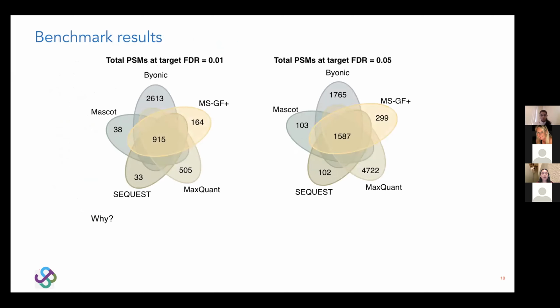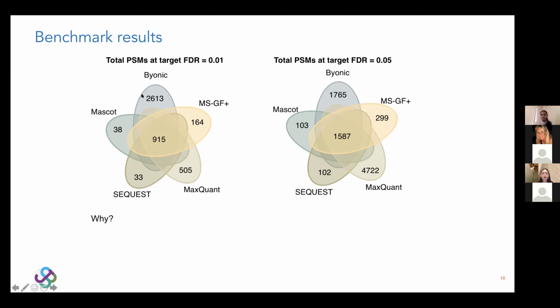So the first thing that we do is to investigate: does it really make sense to combine database search algorithms? We look at the total number of PSMs from these 5 search algorithms at FDR 1% and 5%. We see that each individual search algorithm indeed identifies unique PSMs.